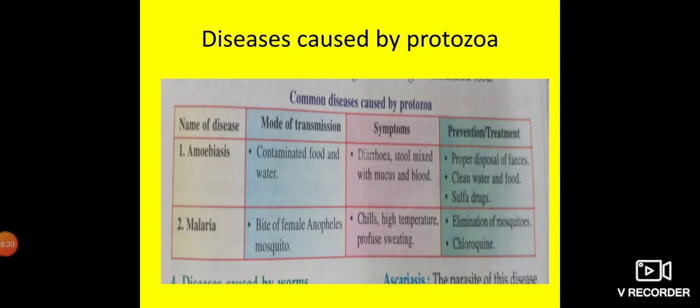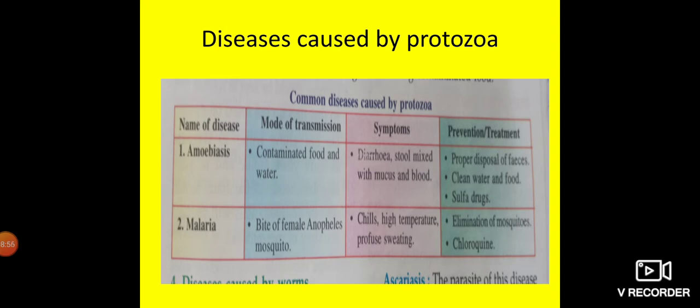Okay, and the symptoms are diarrhea, then stool mixed with mucus and blood. There will be diarrhea with a gripping pain and also discharge of mucus and blood in the stools. It is transmitted through contaminated food and water.